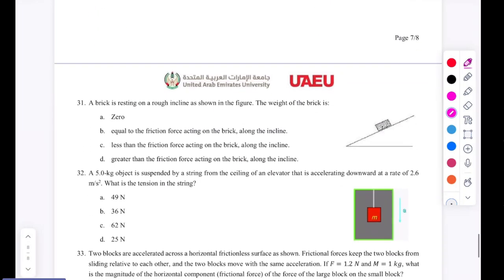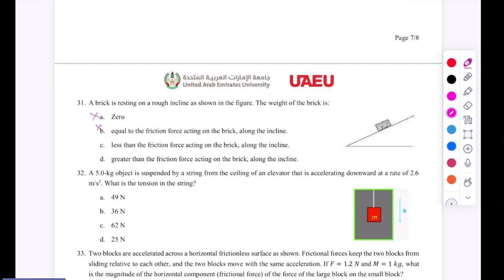Question number 31. A brick is resting on the rough inclined surface of the figure. What will be the weight of the brick compared to the frictional force? Is it greater or less? It could not be zero.